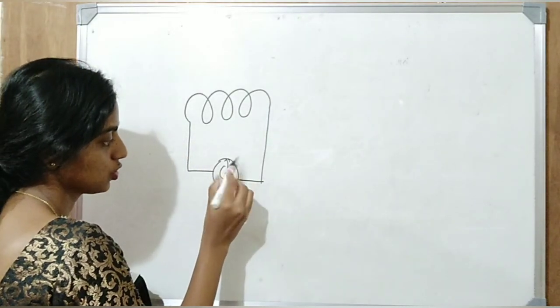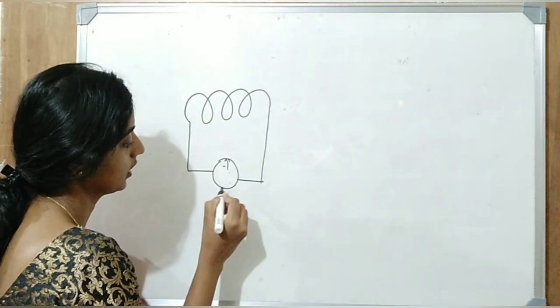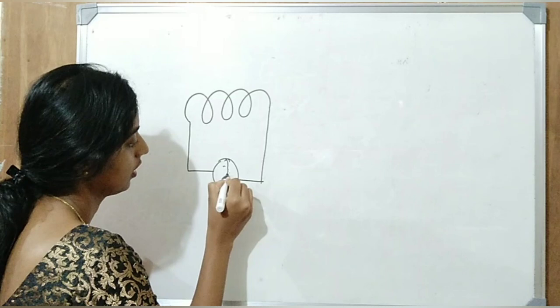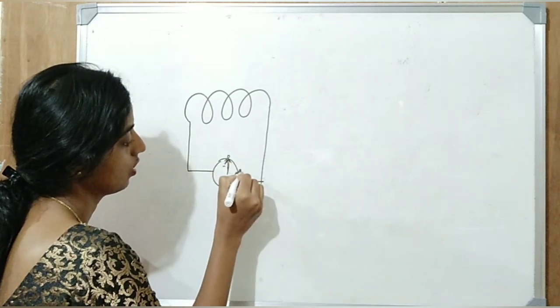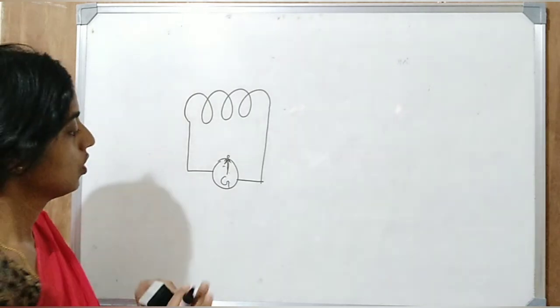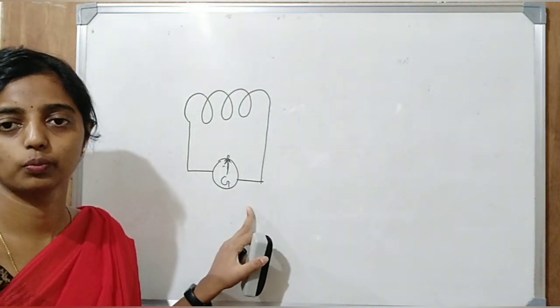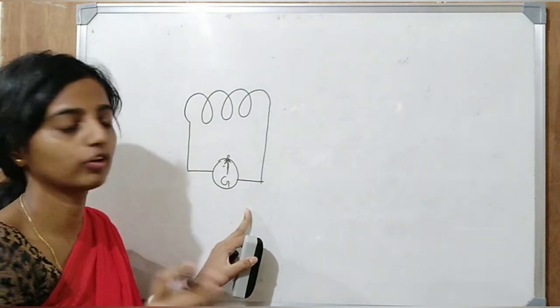I'm not showing that one. While you're writing, just write down galvanometer and draw one arrow mark at 0, with some readings this way and some readings this way. So he took one coil whose terminals are connected to the galvanometer.